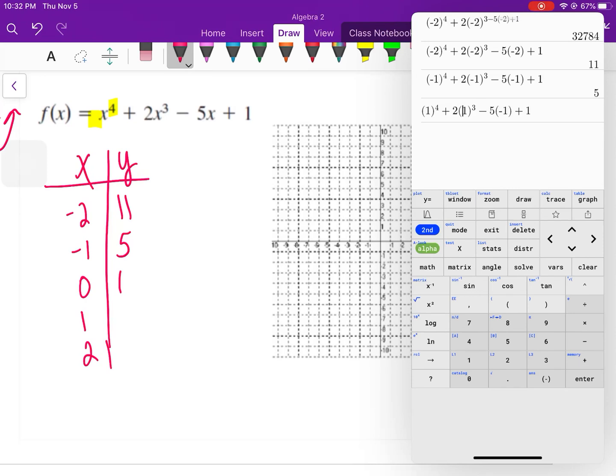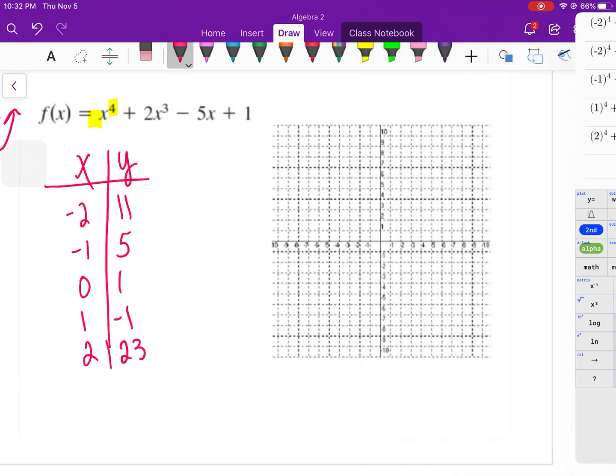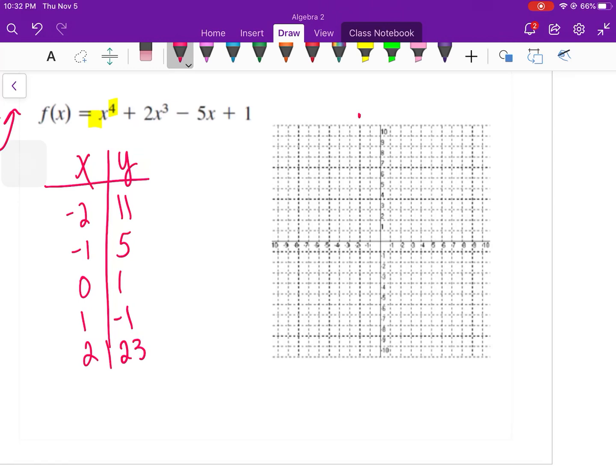Then I'm going to copy this again, except I'm going to change them all to positive ones now. Get -1, and then one more time, except plugging in 2 instead. You get 23.